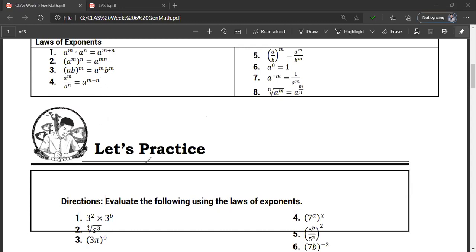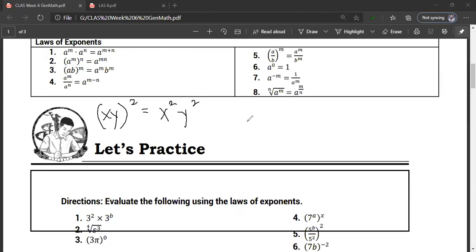We have AB raised to m is equal to a raised to m, b raised to m. Ang gagawin po is, i-distribute lang natin yung exponent doon sa loob ng parenthesis, kasi silang dalawa yung i-raised ng m. Example, xy squared, so x squared, y squared lang yan.